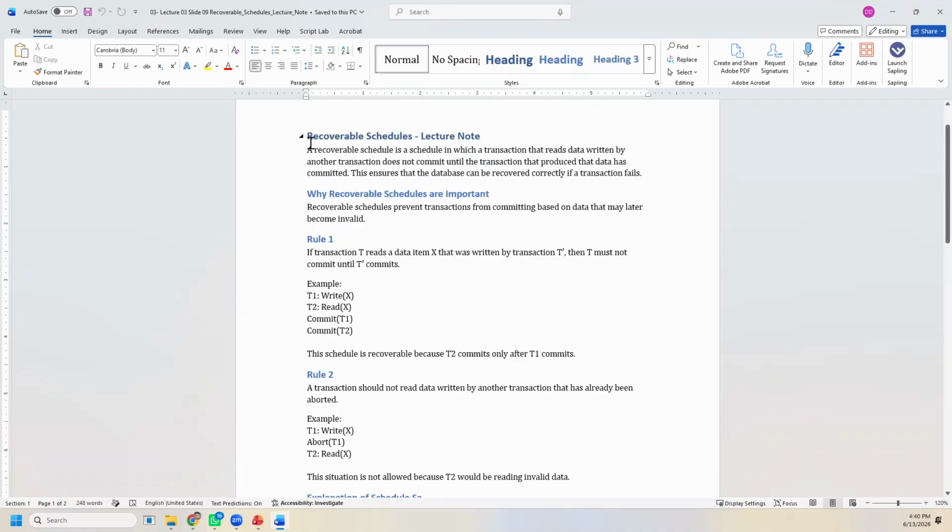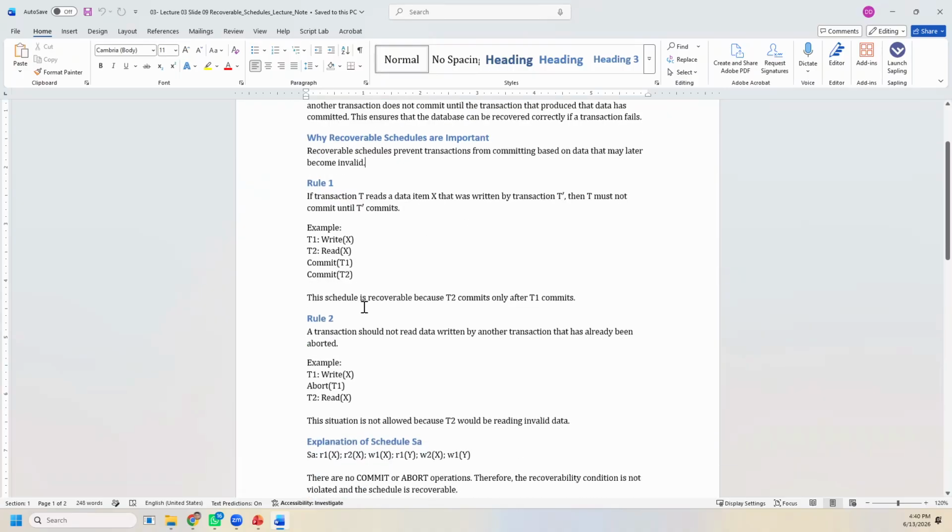That's what we mean by recoverable schedules. Why are they important? Recoverable schedules prevent transactions from committing based on data that may later become invalid.